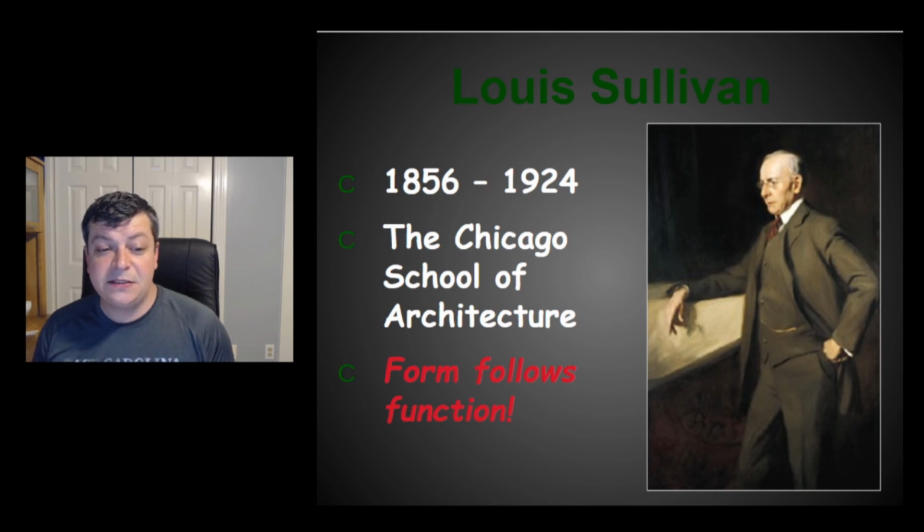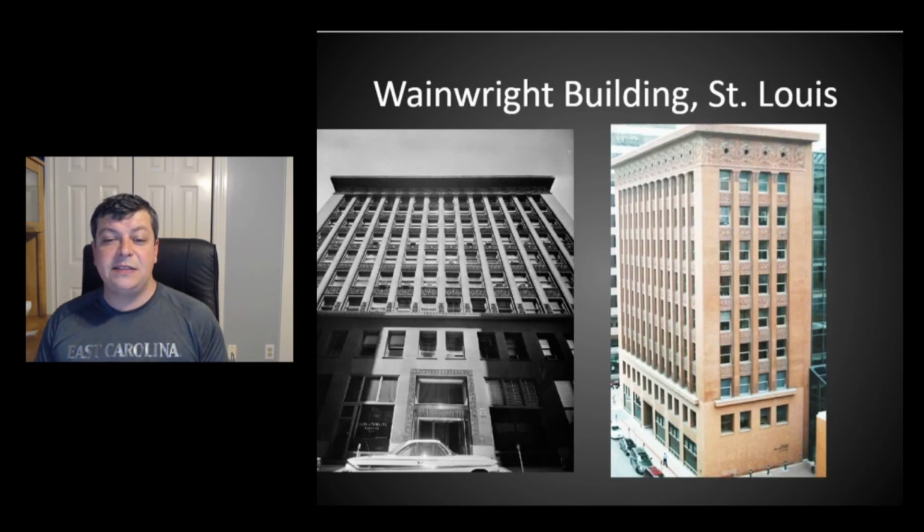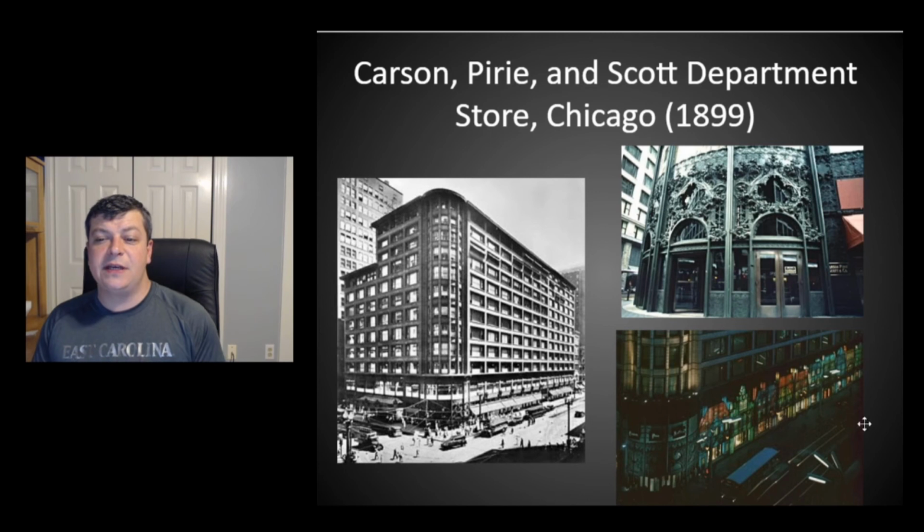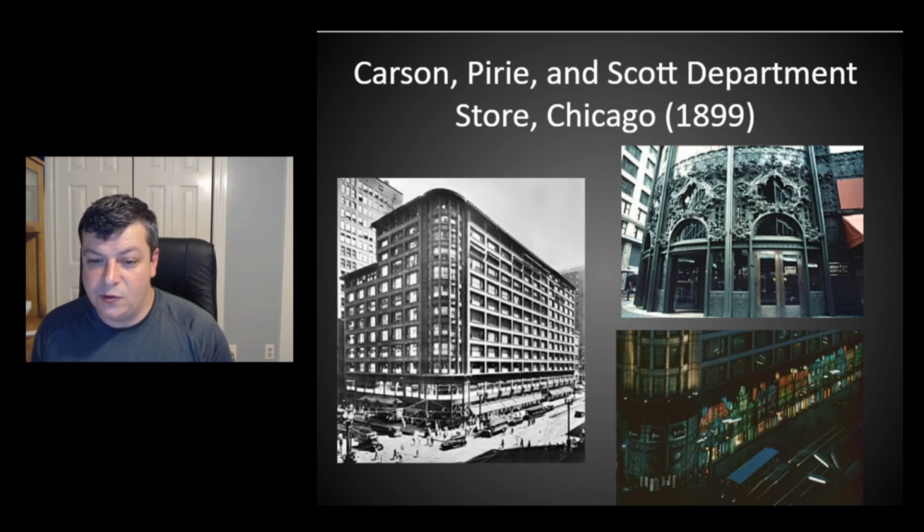As he said, there's no sense in these buildings being remarkably complicated at the top, because what are these going to be? They are going to be an office building. This is a good example of this. Let's look at the Carson Scott department store.